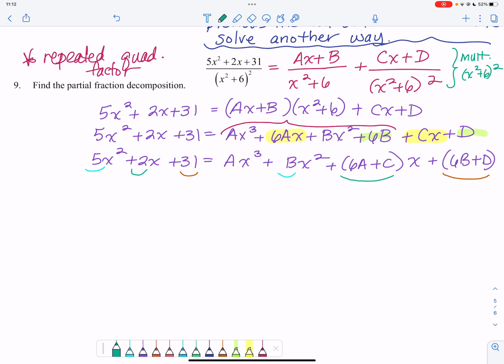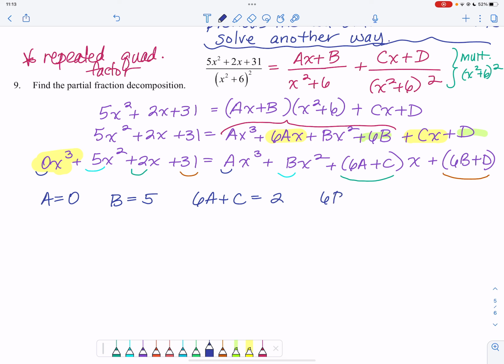So what do we know? You could think of this as 0x cubed. So we know that a must be equal to 0. So a is equal to 0. We know that b is equal to 5. We know that 6a plus c must be equal to 2.